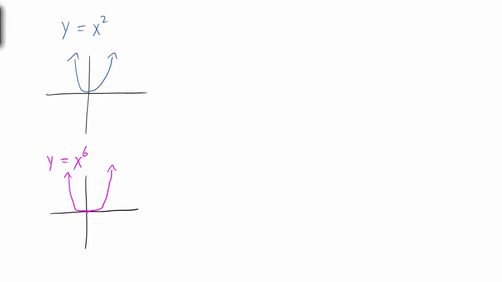Now, what do you think is going to happen if we were to do the same thing, but now instead of having an even power, what if we looked at y equals x cubed, where we have an odd exponent? Well, we know the graph of x cubed kind of has this little bend in the graph like this.